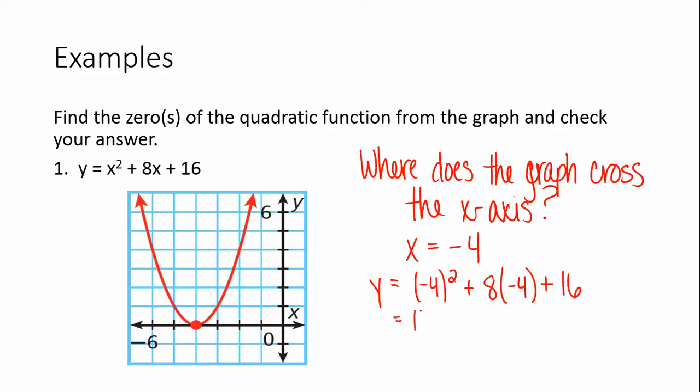So that gives me 16 minus 32 plus 16. Well, 16 minus 32 is -16 plus 16. So we do get that y equals 0. We've checked our answer. We've verified that the zero from the graph does in fact make the function equal to 0.